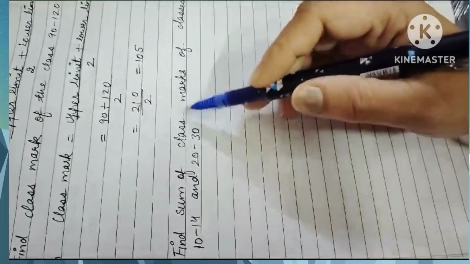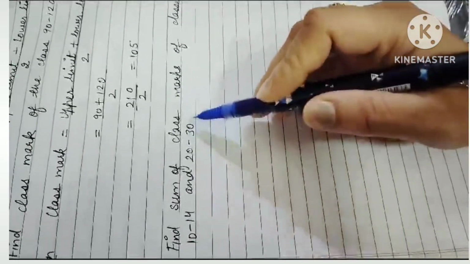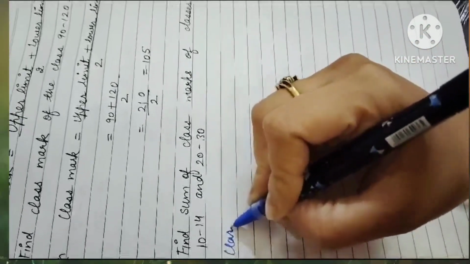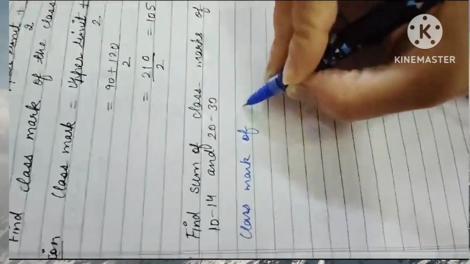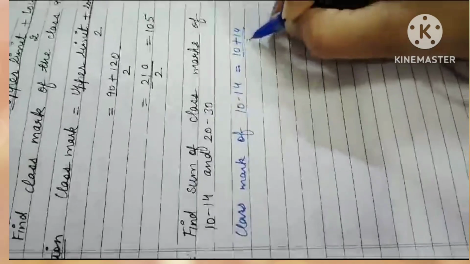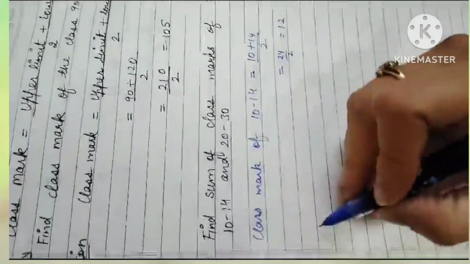Now we have to find the second example. Find the sum of class marks of classes 10 to 14 and 20 to 30. So first of all calculate the class mark of 10 to 14. The class mark of class 10 to 14 is upper limit plus lower limit upon 2, that is 24 upon 2. So this is 12.